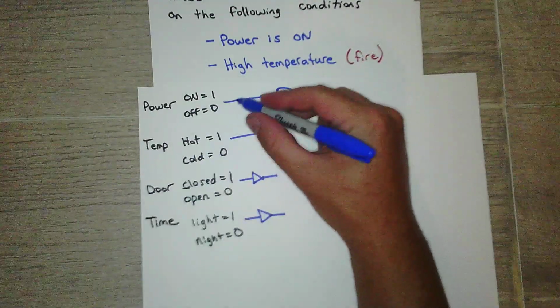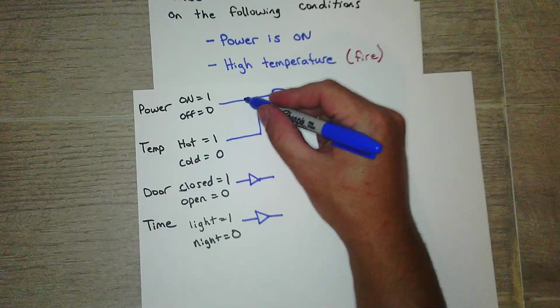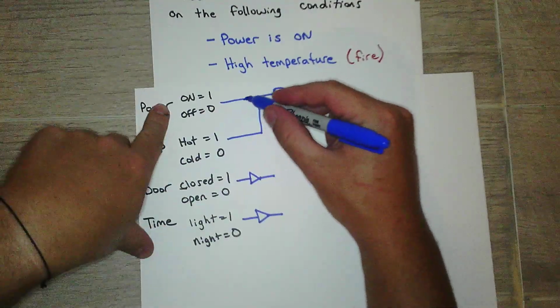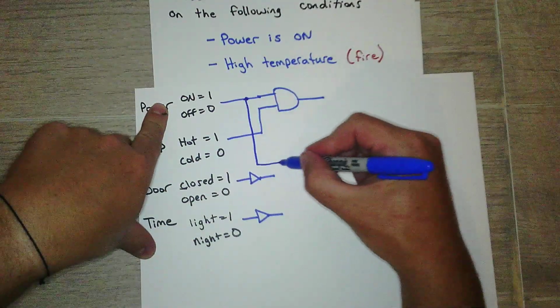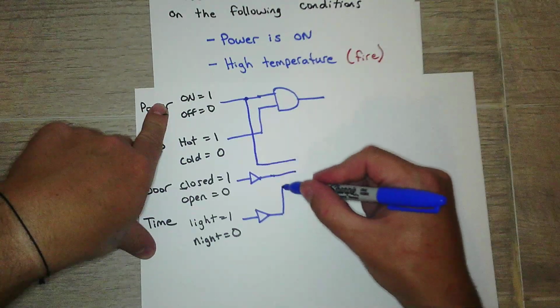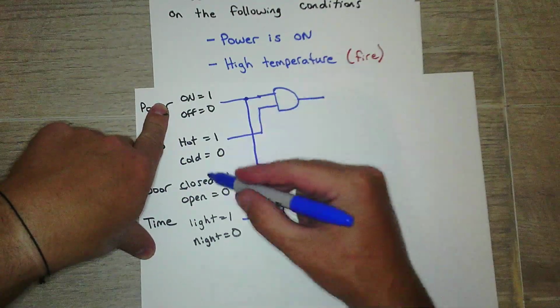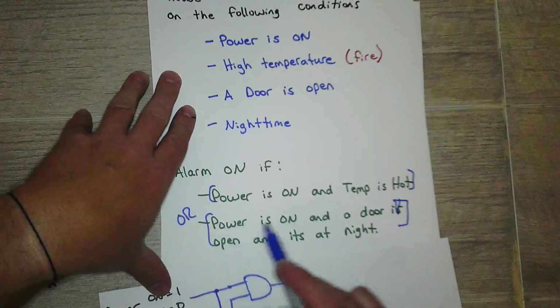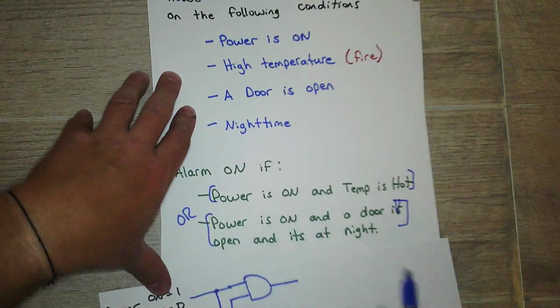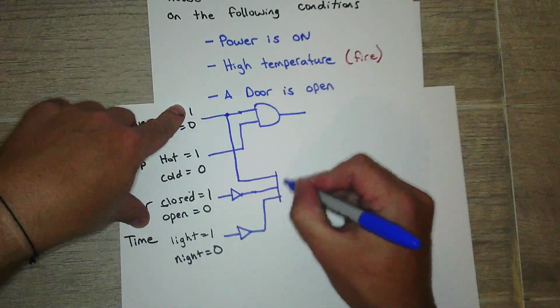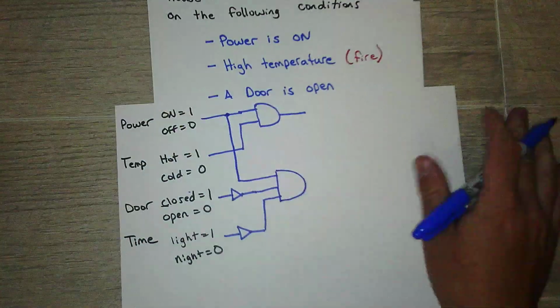Power still on. I'm just going to connect it like this. Okay, so all 3 of these has to be on. So this is power on and open and night. So this is one big AND gate.